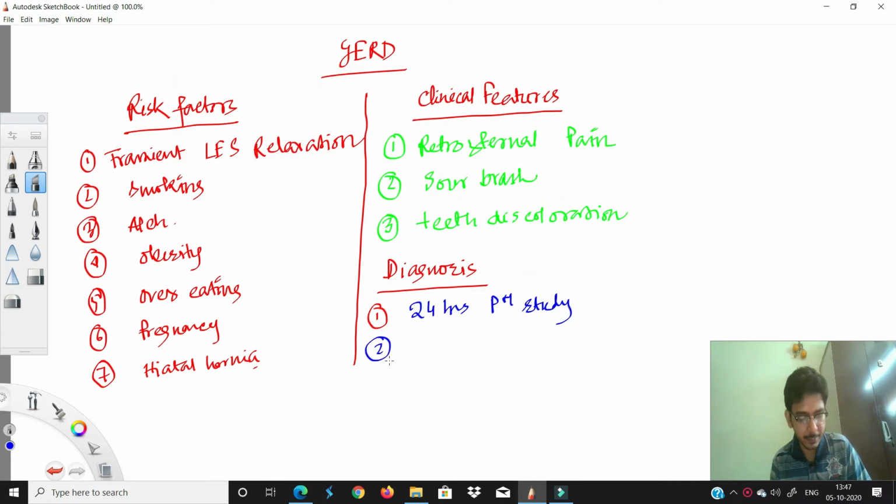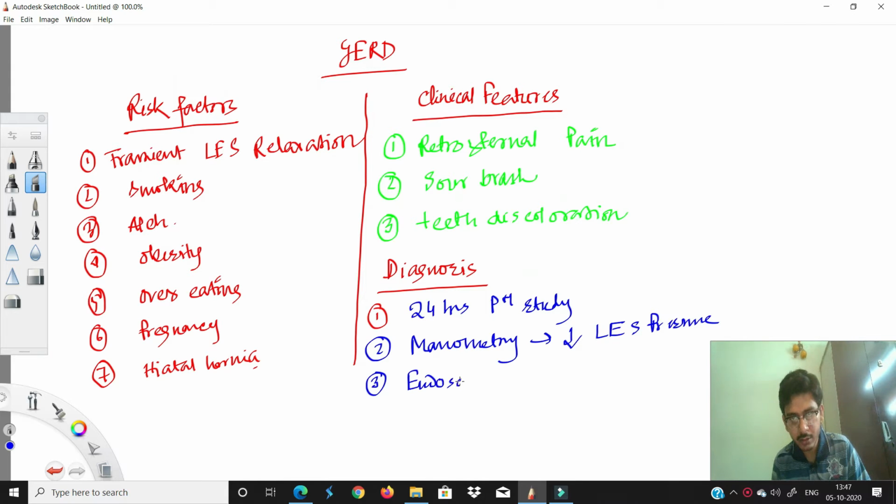Second one is manometry, which shows decreased lower esophageal sphincter pressure. And third is endoscopy plus biopsy. These two give you the confirmed diagnosis.